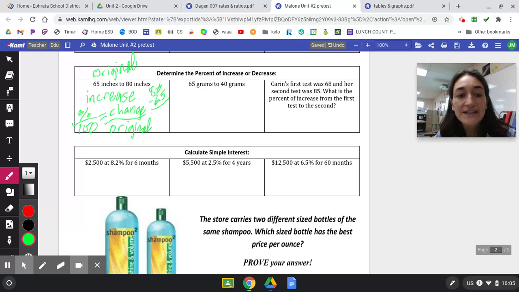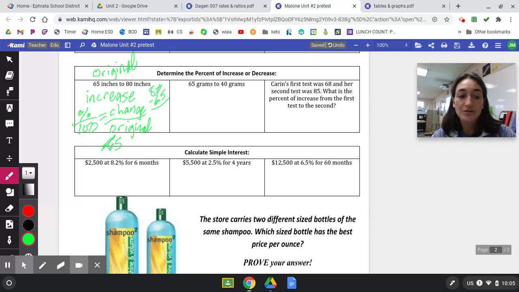And then I will divide that by the original number, so I will divide it by 65. I can multiply the change by 100 to start with, and then when I divide by the original, I know I'm going to get my percentage, or I can divide the change by the original and end up getting a decimal version, which I can multiply by 100 to turn into a percentage.